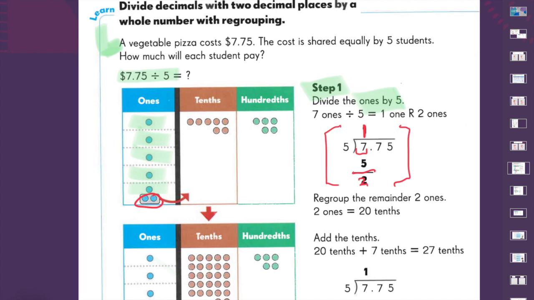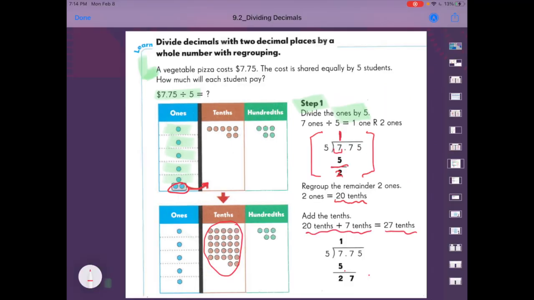So the 2 ones are actually 20 tenths, and so we can add those over into the tenths, and now we have those 20 tenths plus the 7 that were there, and so we have 27 tenths to divide equally among 5 students.